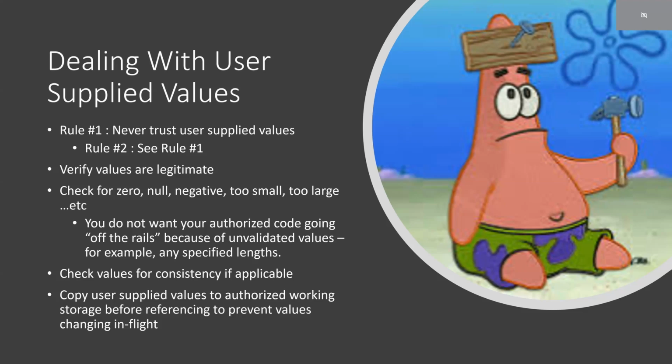Okay. And I know some programs in the past have skipped this because they were too lazy. But this is why you have buffer overflow problems in various pieces of software. And if you don't do this, unexpected things can happen, and you will be at fault, and your code will go off the rails and do something weird. And debugging it will also be difficult. Check values for consistency.